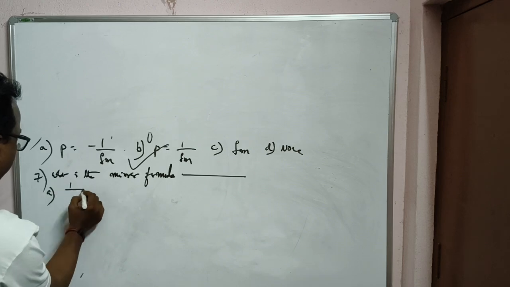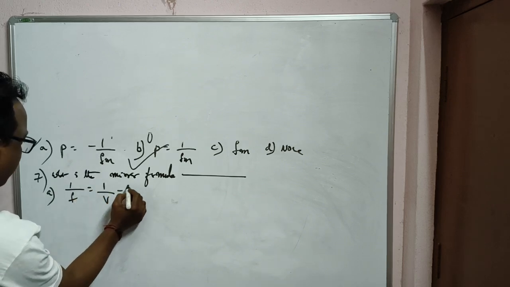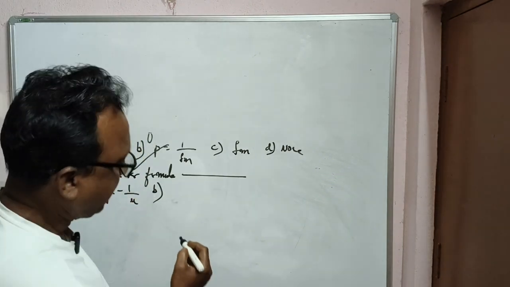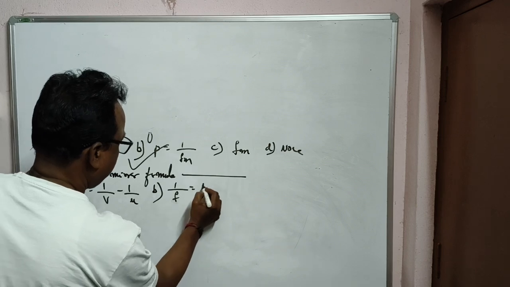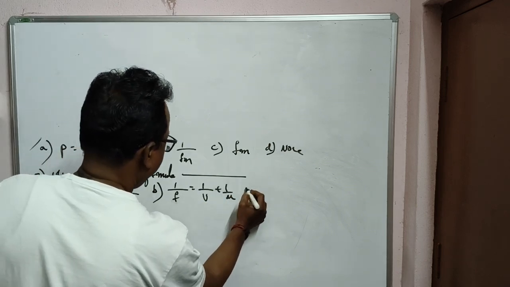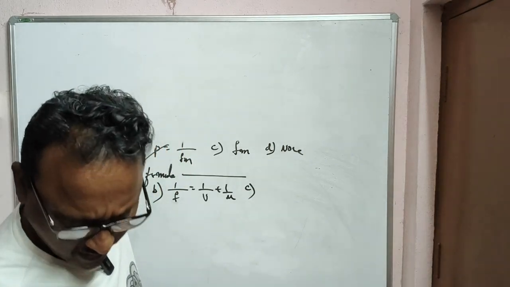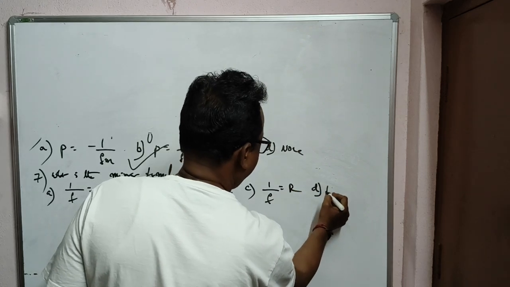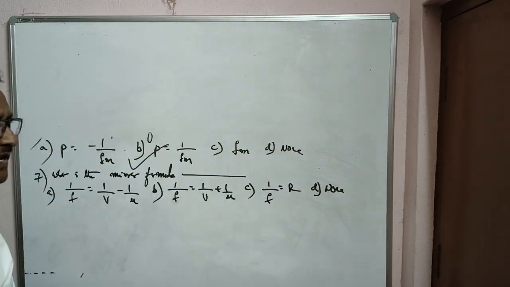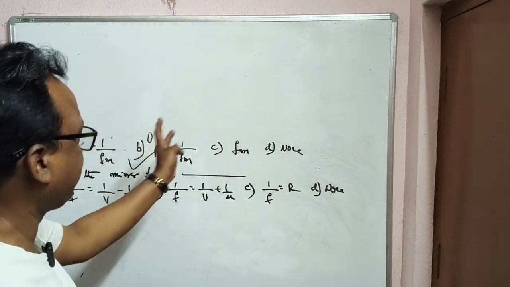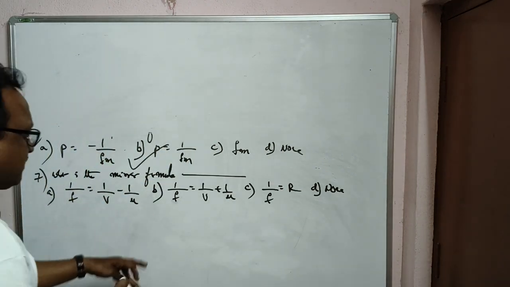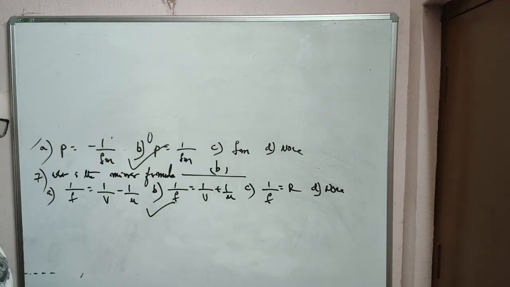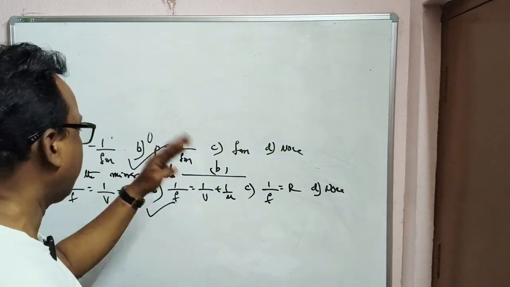A, 1 by F is equal to 1 by V minus 1 by U. B is given by 1 by F is equal to 1 by V plus 1 by U. C is given by 1 by F is equal to R, and D is given by none. So already told you in mirror cases, mirror formula is plus, magnification is negative. Okay, but here you can say B will be the right answer. Mirror is plus formula, magnification negative. Whereas in lenses, here negative, there positive.